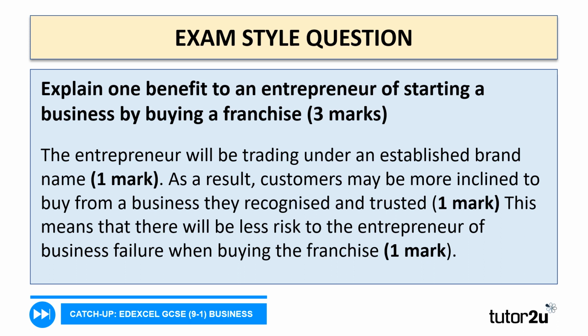So this is development of the first point here. So under an established brand name, as a result, so we've got a nice connective there, customers are more likely to buy from this type of business. This means that, so we've got another connective that is flagging to the examiner we have another little strand in our answer, that there will be less risk to the entrepreneur of business failure when buying the franchise.